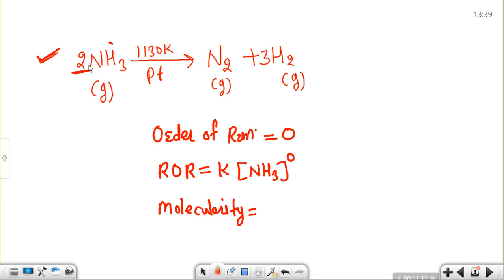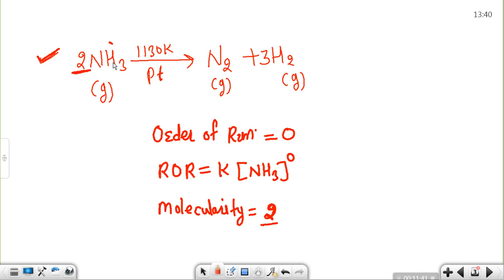There are 2 molecules of ammonia which take part in this particular reaction. That means for this reaction, decomposition of ammonia at platinum surface, molecularity is 2. Molecularity is 2 because 2 molecules of ammonia take part in this particular reaction.